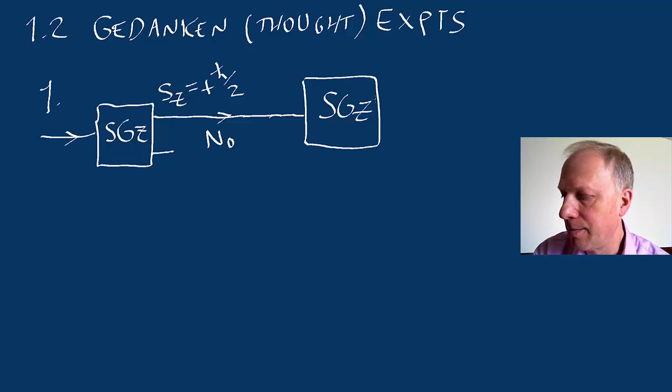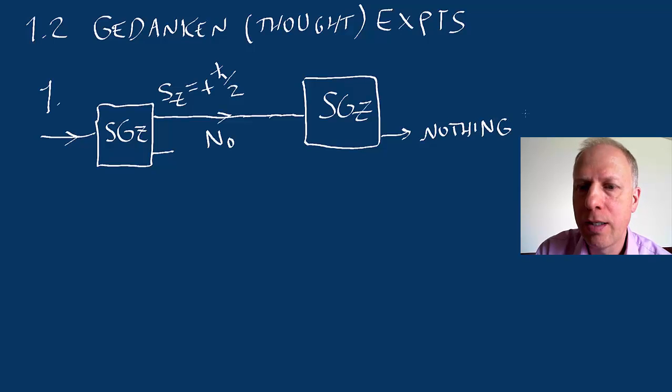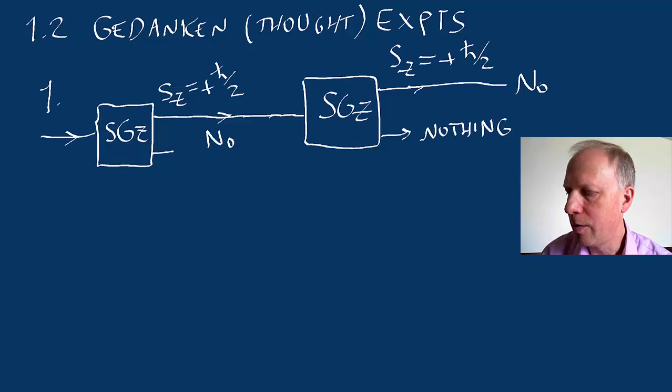And this is what would happen. Nothing would come out with Sz equals minus h bar over 2. All of the atoms that went in would come out with Sz equals plus h bar over 2, and 0 of them would come out minus.